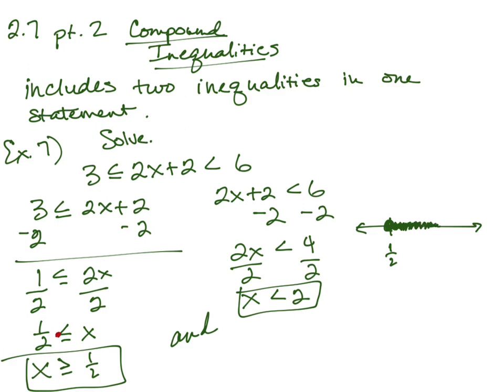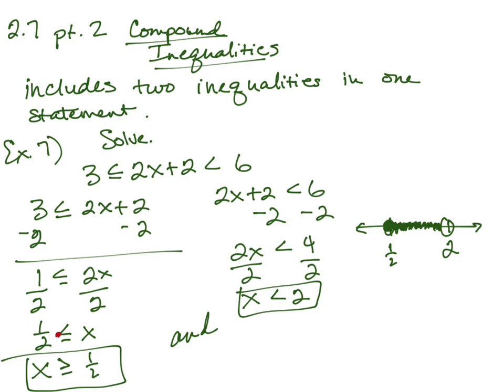How far do I go? Only until 2. So they're both the answer? Yeah. That would be an open dot at 2 and a filled in dot at 1/2, and we're scribbling in between them.